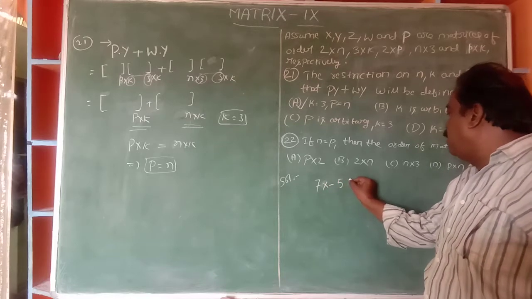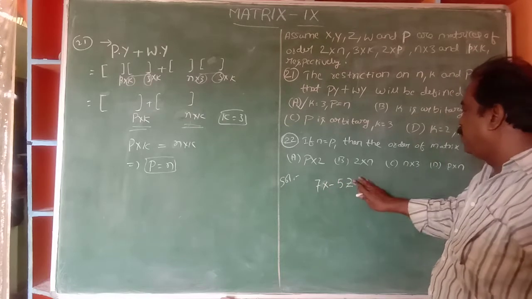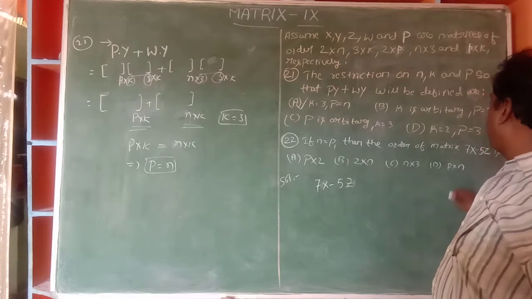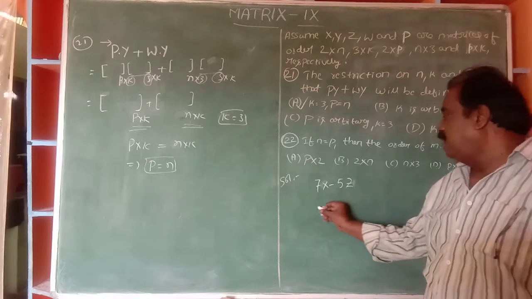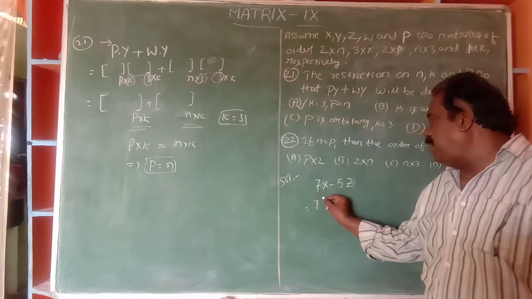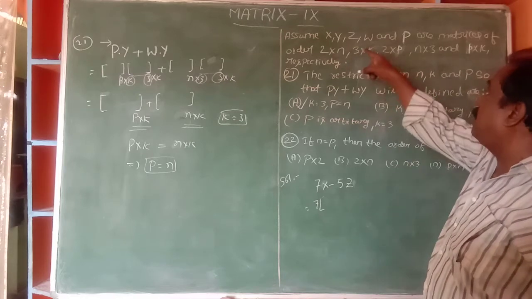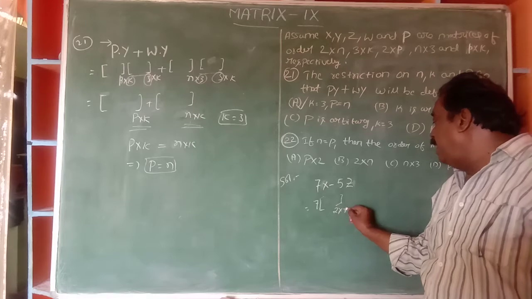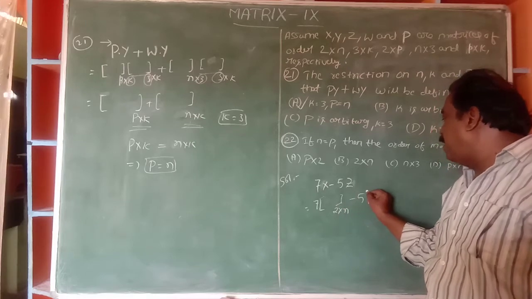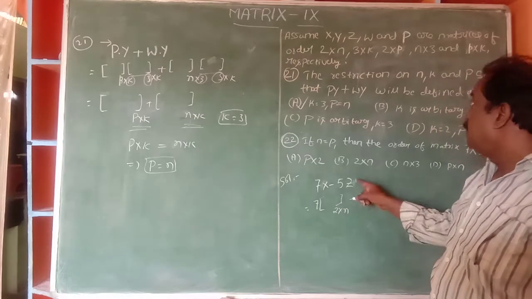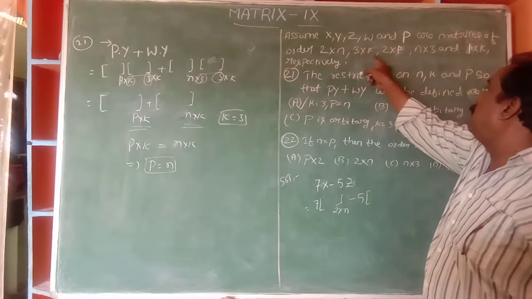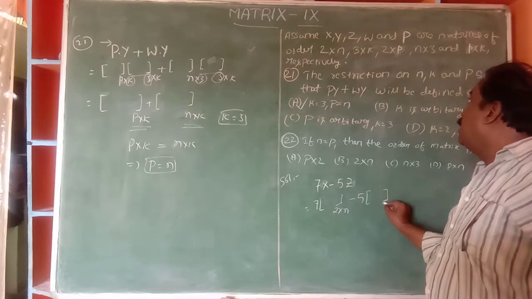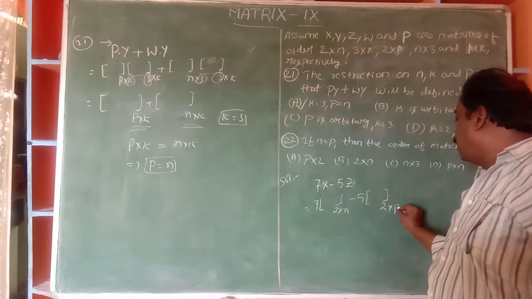7x minus 5z is 7 into x, where x is a matrix with order 2 by n, minus 5 into z, where z is the third matrix, with order 2 by p.